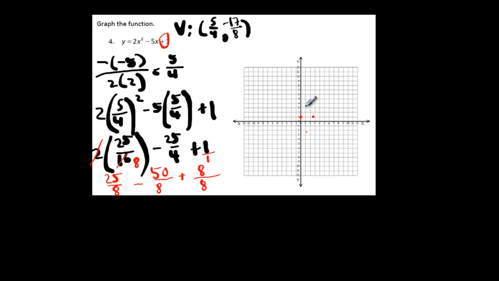So you can graph it using these points, or if you want a more accurate graph, you can find out what happens at like 4 or somewhere further than that. So just going to do a rough sketch here. That's roughly what the graph looks like.